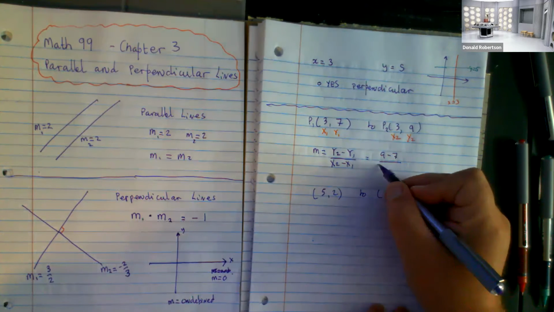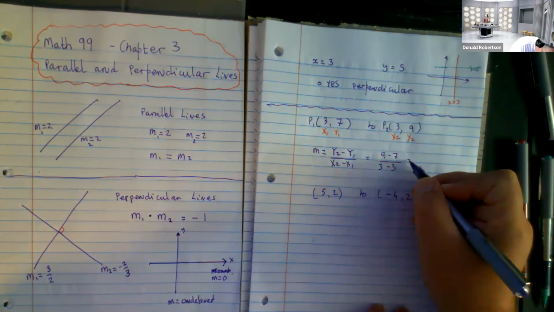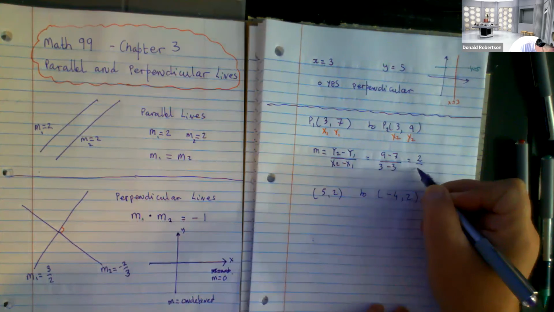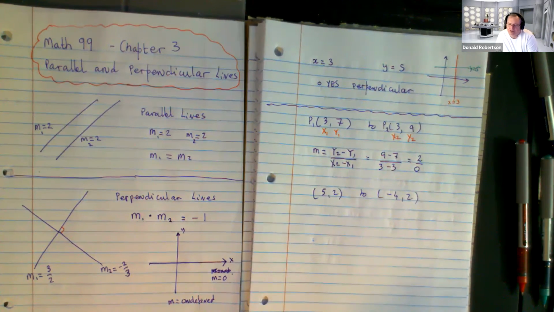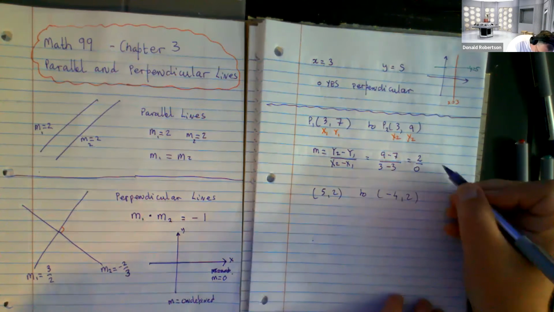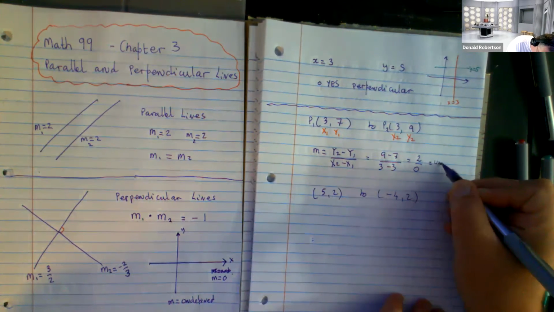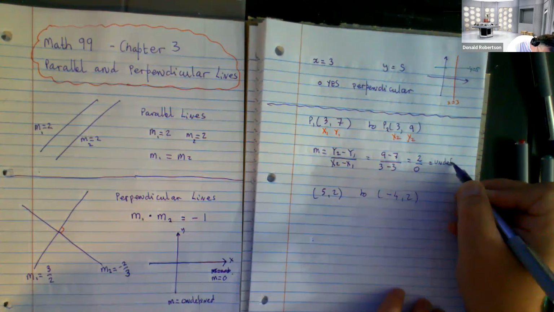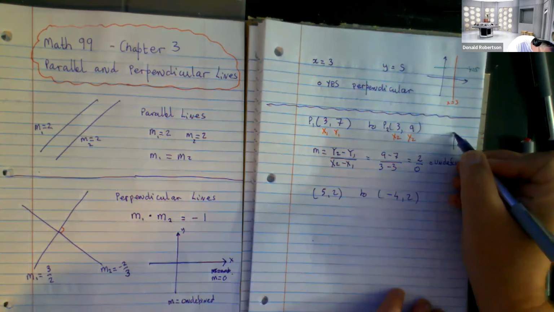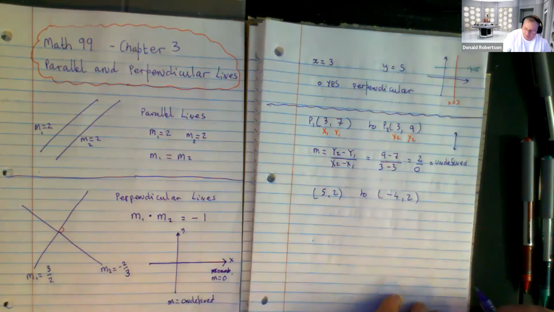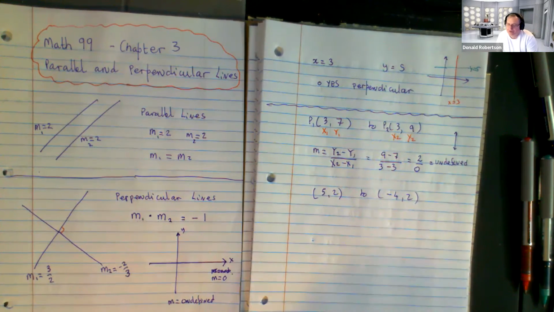And the x's are going to be 3 take away 3. And we get a rather weird answer. Now, if ever you have a fraction and you have 0 on the bottom, we're going to call that undefined. And undefined essentially means that our line is vertical, right? If its slope is undefined, it's a vertical line.